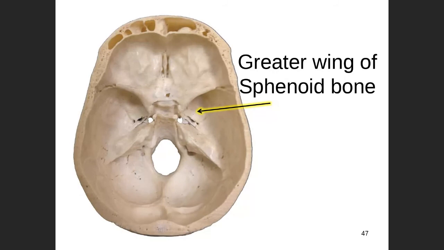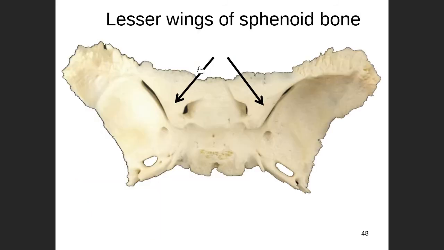If we have a greater wing, then we're going to have a lesser wing. The lesser wings sit above the greater wings of the sphenoid. So you can see right up here, the lesser wings are going to be these portions here, with your greater wings down below, here and over here.